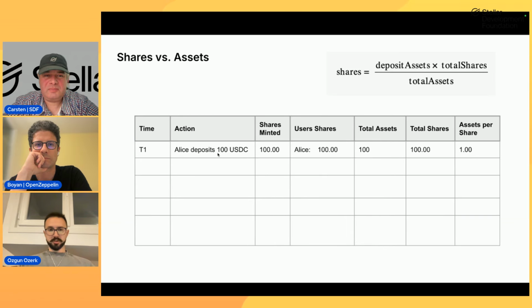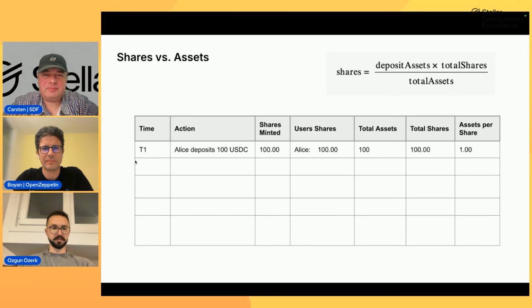This will be very important. Now I'm going to do some basic math, but it's very basic, so don't be scared. The first action, say Alice deposits 100 USDC into the vault. So for deposit assets, it's 100. Total shares, it's again 100, and total assets is 100.